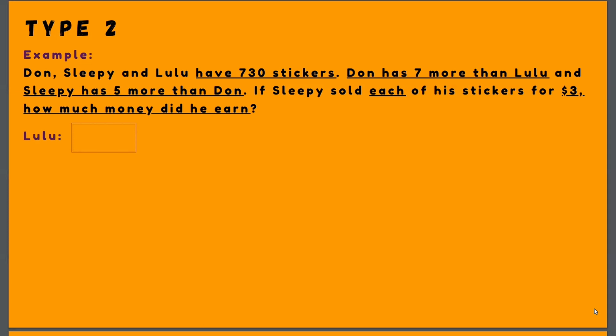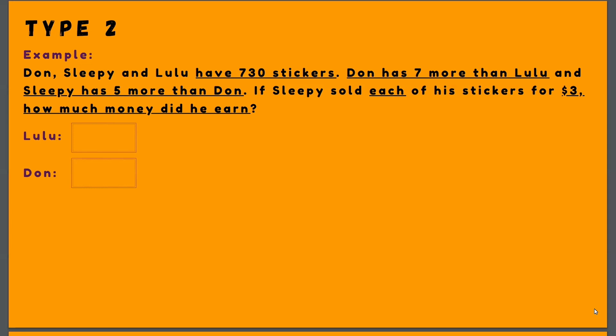Next, we have Don. Now, the reason why we wrote Don second is because Lulu and Don, their amounts, are being compared in this word problem. Don has 7 more than Lulu, right? So we give Don exactly what Lulu has.